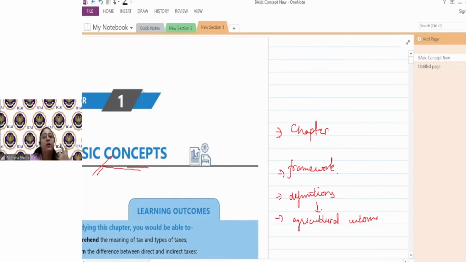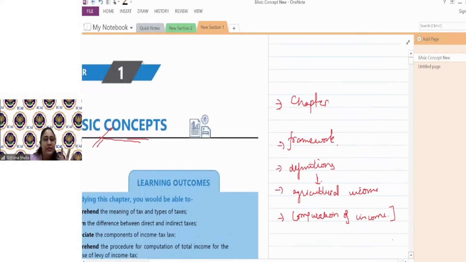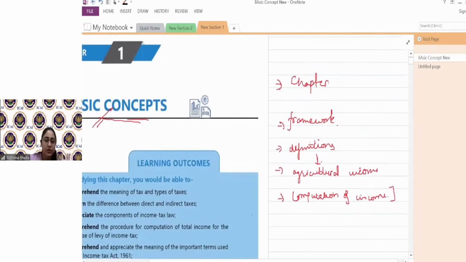After that, once you've covered the definitions and other parts, we will be understanding how income is actually computed. Now, we are not going into the nitty-gritties of computing income. We are just understanding the framework, because this computation of income is ultimately your coming 6-7 chapters. So how an income is computed, we will understand just the framework of it, just the first step.